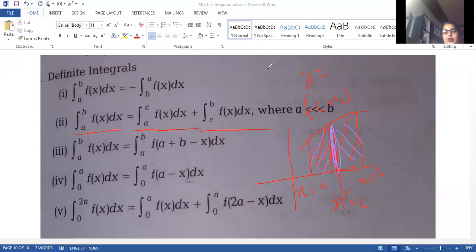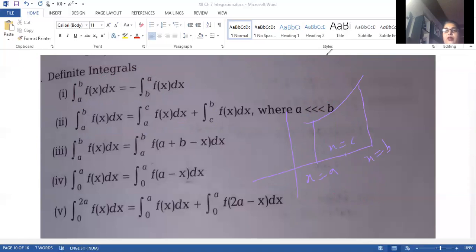So we can write it this way: the integral from a to c of f(x) dx, then the integral from c to b of f(x) dx. What we have done basically is, if this is your graph, with x is equal to a and x is equal to b, we have taken a point x is equal to c.